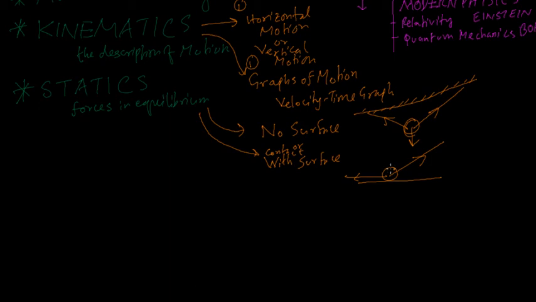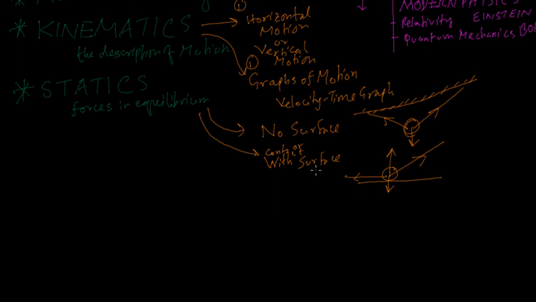So this is an equilibrium, it's statics, it's not going to move, but it has a surface now. Because of that surface, the weight is going to have an effect here, and there is going to be an opposite but equal reaction from the surface. So from a contact surface you have this reaction force, a new concept of a force.